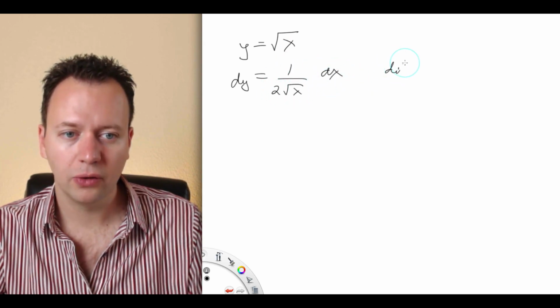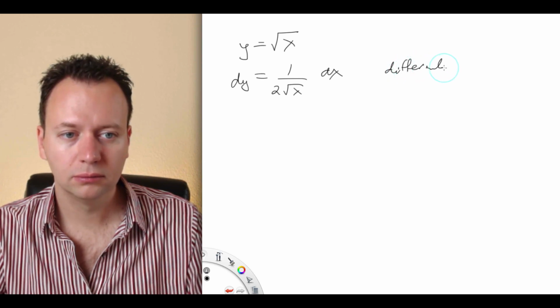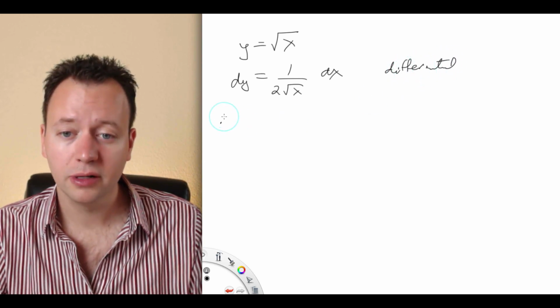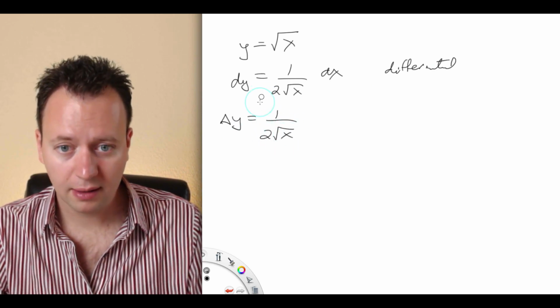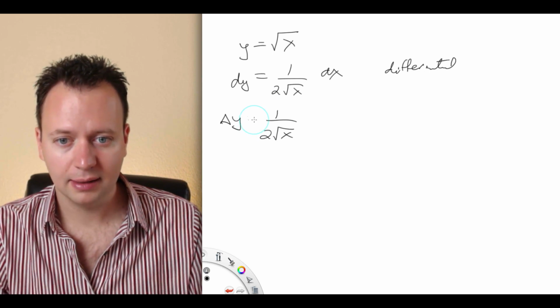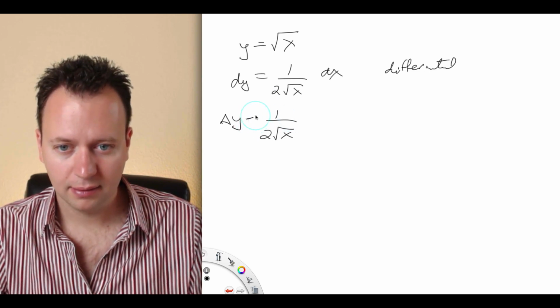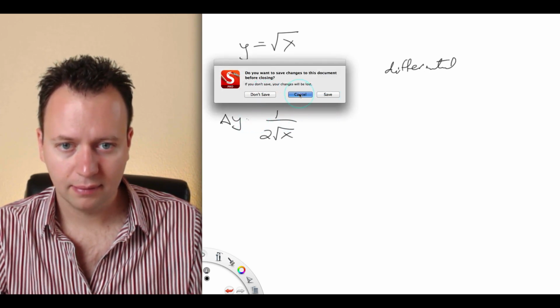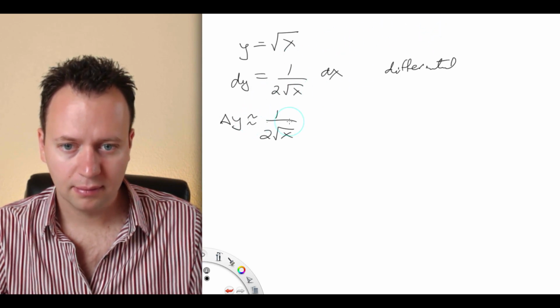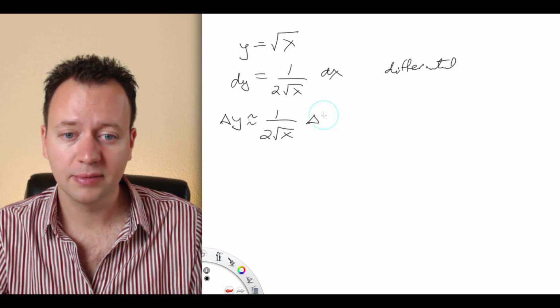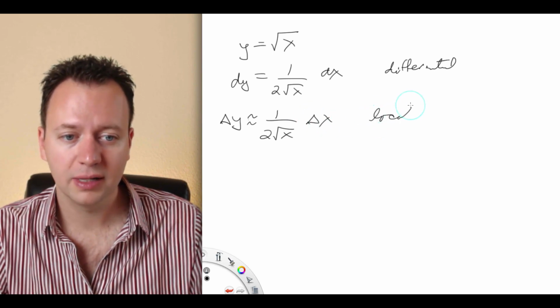So this is the differential. The local linearization is delta y approximately equals 1 over 2 square root of x times delta x. So this is the local linearization.